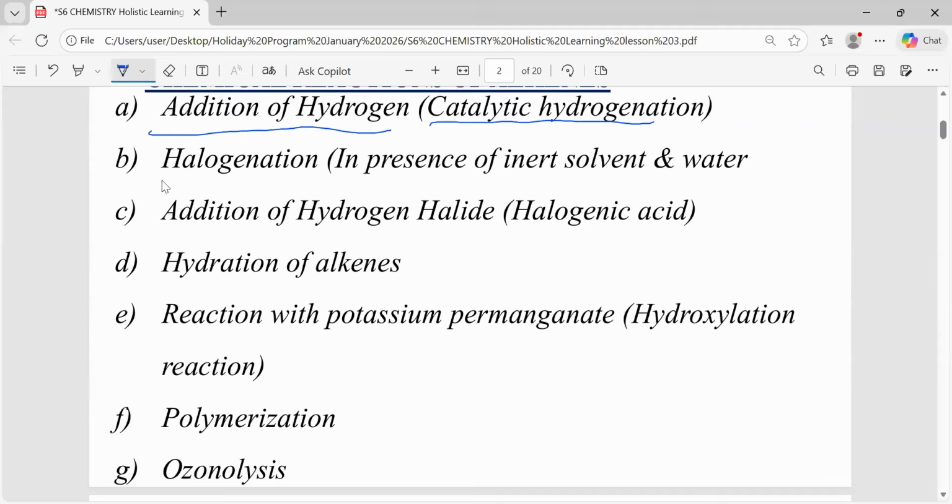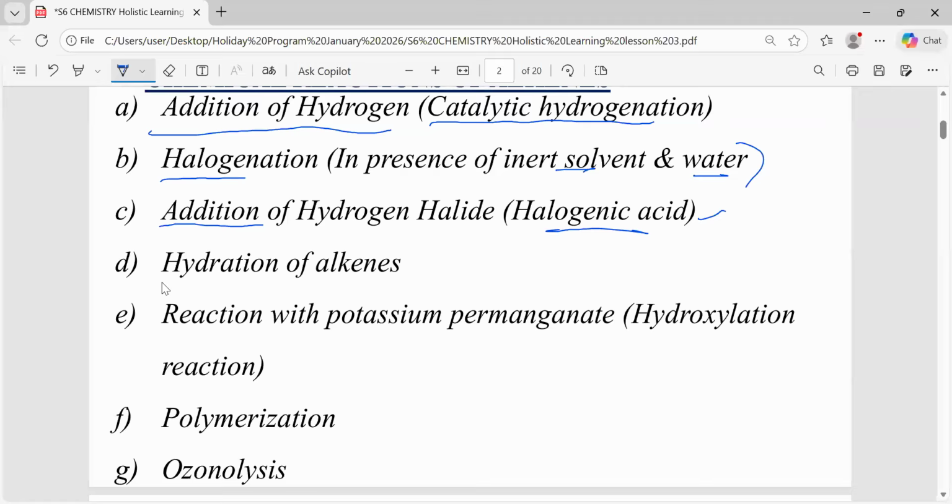We also looked at halogenation in the presence of inert solvent and also in the presence of water. Those are two things we looked at. We also looked at addition of hydrogen halides, and in that, that's where we saw Markovnikov's and anti-Markovnikov's rule.